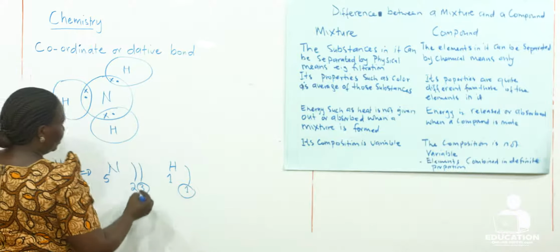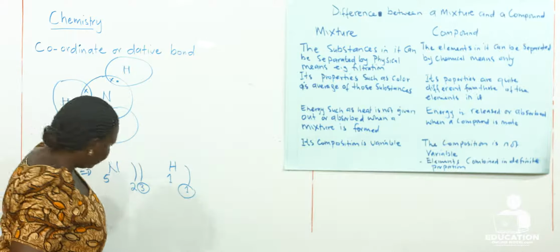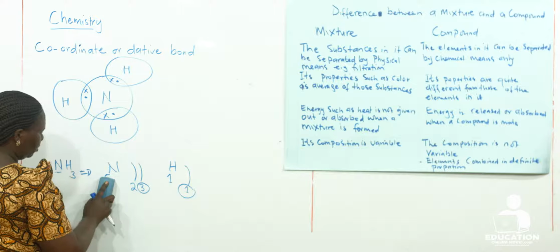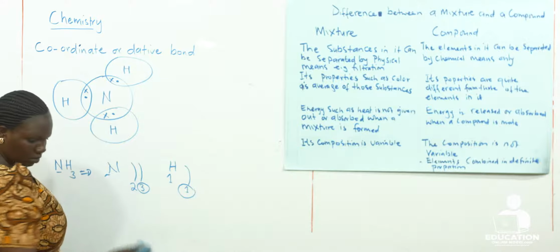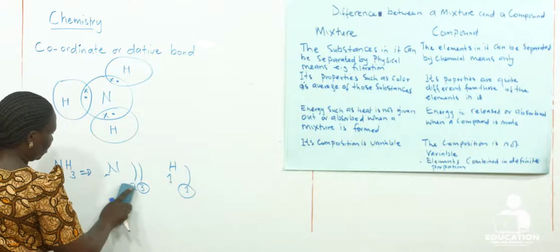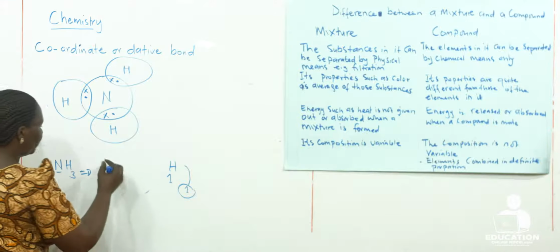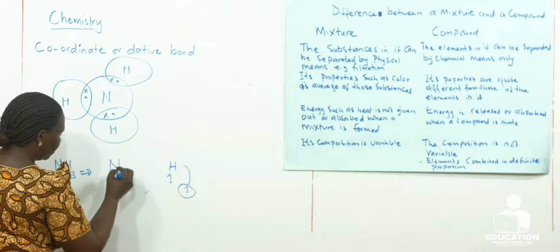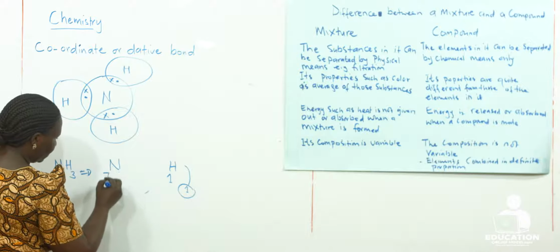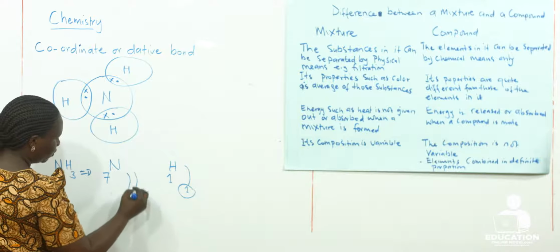Then nitrogen, sorry, the atomic number of nitrogen is 7, is 2, 5.